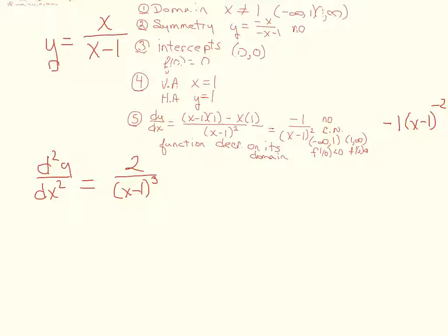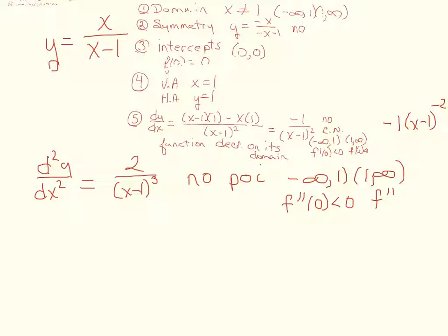No possible points of inflection because there are no places where the second derivative equals 0. But we still have to think about our intervals from -infinity to 1 and 1 to infinity. Second derivative, if I plug in a 0, is going to be negative.